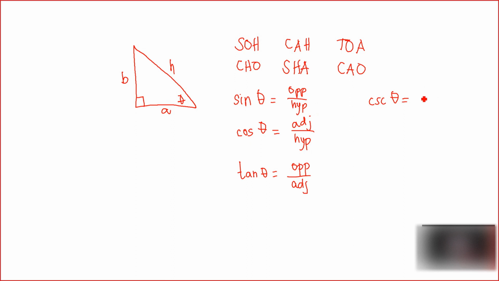Instead of opposite over hypotenuse for the sine, we have hypotenuse over the opposite side for the cosecant. For the secant theta, we have the hypotenuse over the adjacent. And for the cotangent theta, we have the adjacent over the opposite.